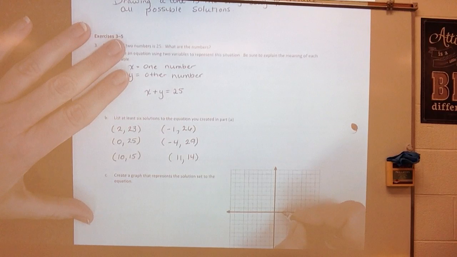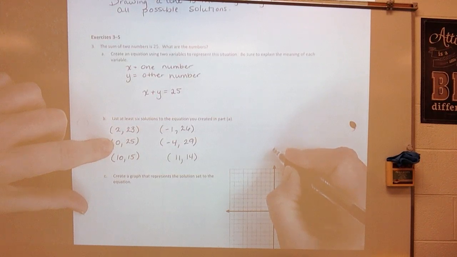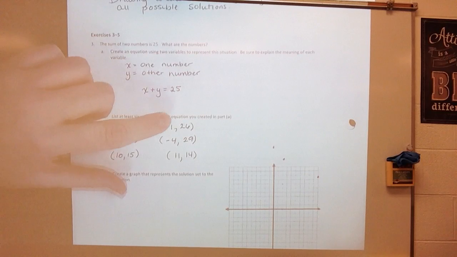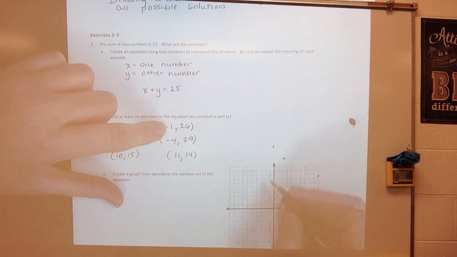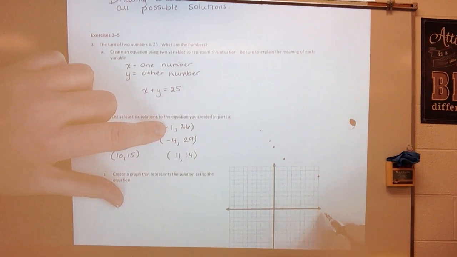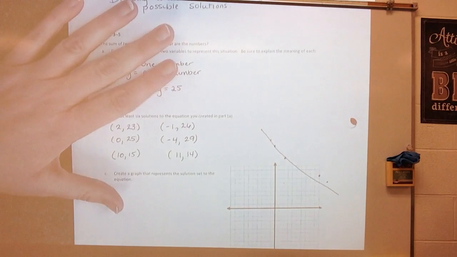Plotting the points: 2, 23, 0, 25, 10, 15, negative 1, 26, negative 4, 29, and 11, 14. It's a little hard, but I have a line here.